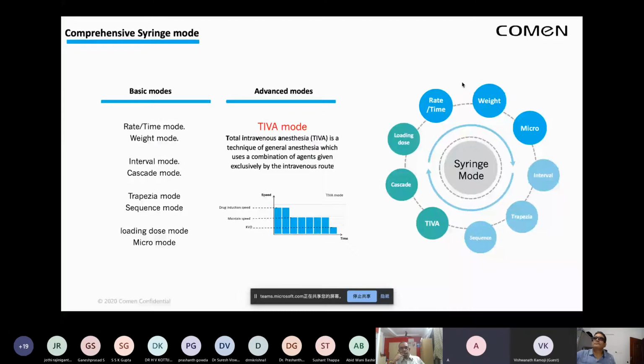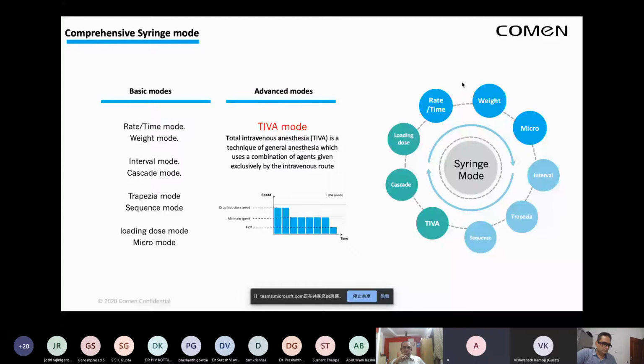So totally we can supply 20 syringe models in the clinic, and as per different situations and different patients, we can select different models. So this is our total range of syringe pump models.